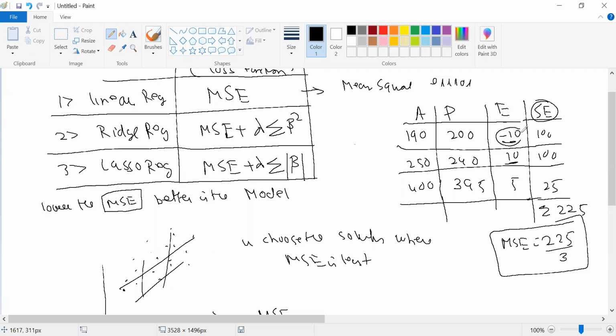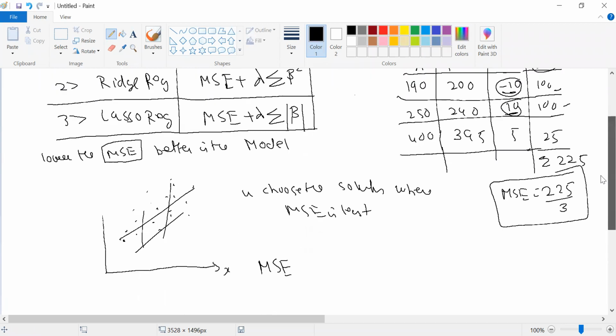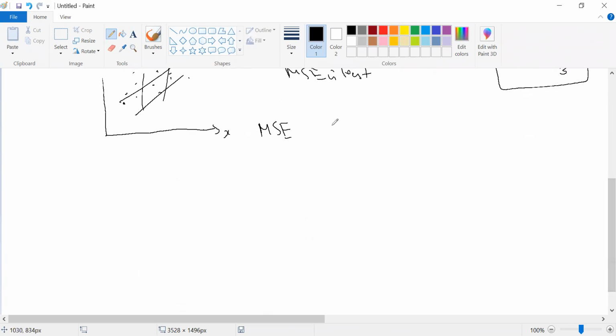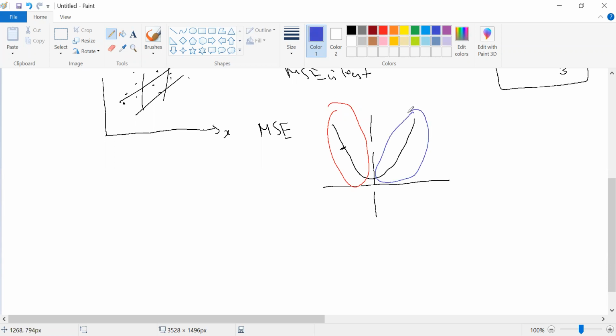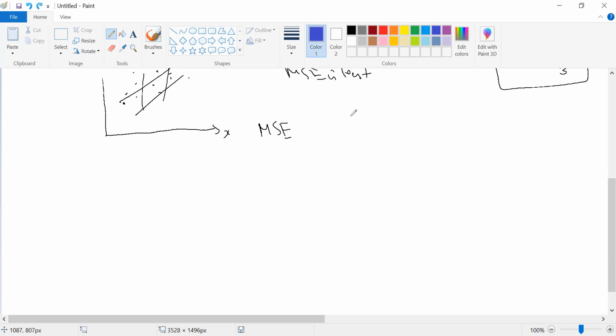Do you notice that at minus 10 and at plus 10, for both of them the value is 100? So MSE is a square function, and any square function would always look like this. Suppose here is the x axis and this is the origin. For minus x also the values in this region would be negative, and in this region positive, but the y value would still be the same. So the square function would always be something like this.